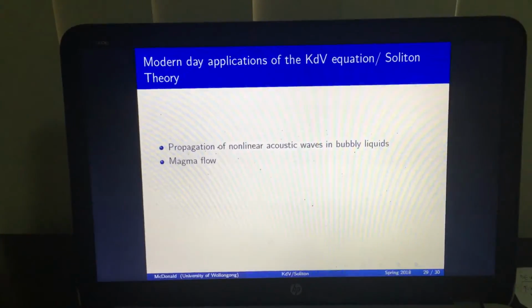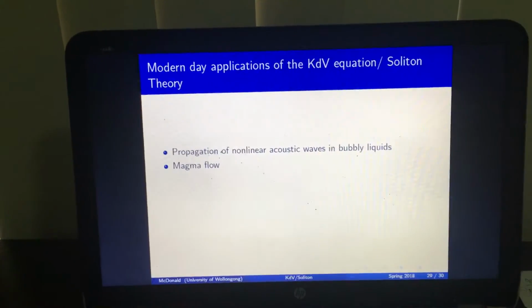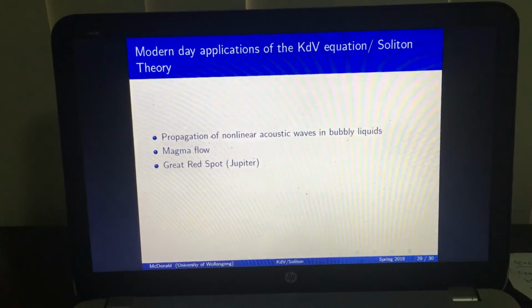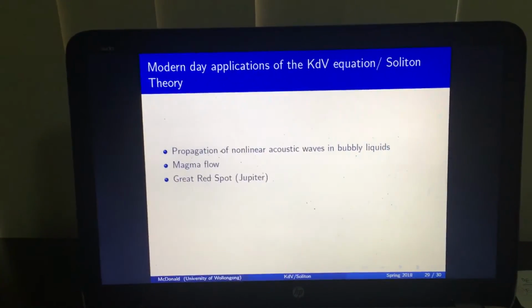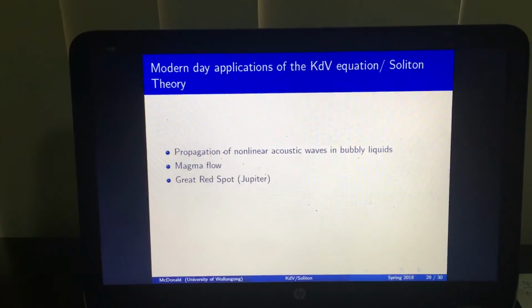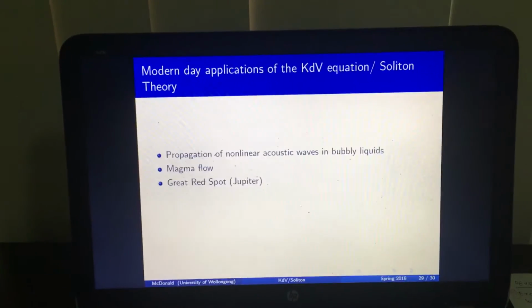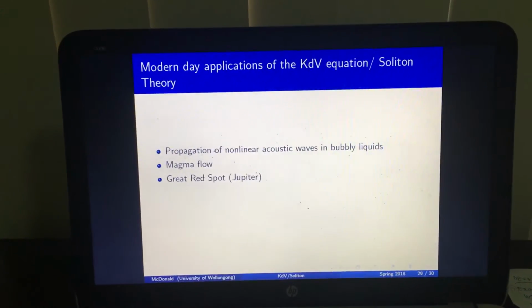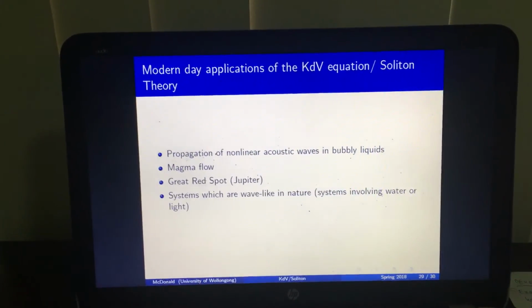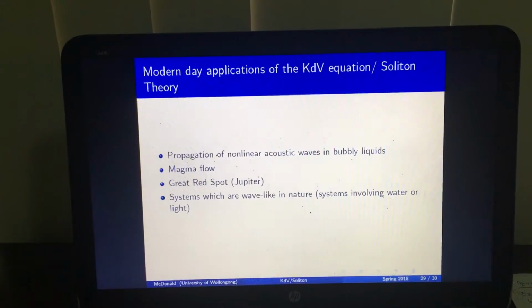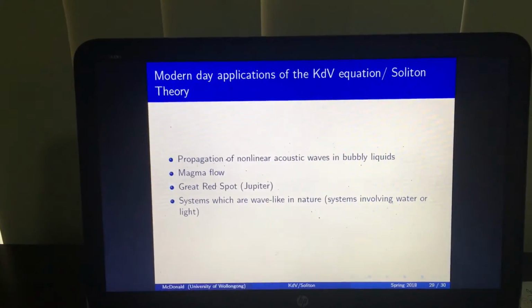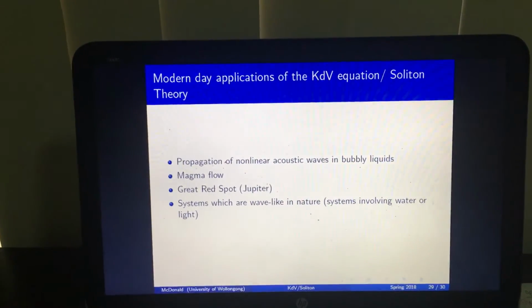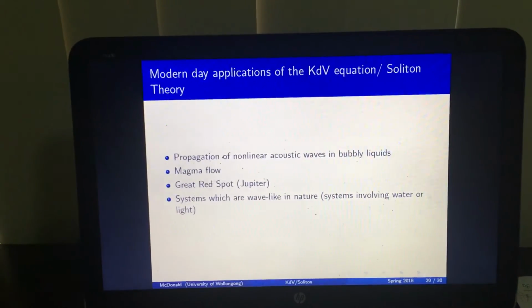Magma flow, so it's got many geophysics applications as well. Jupiter has a Great Red Spot. Whenever you look at a picture of Jupiter, it's a pretty visible distortion of the atmosphere, and this relates to soliton theory as well. And systems which are wave-like in nature in general, especially involving water and light, relate heavily to this field of study.